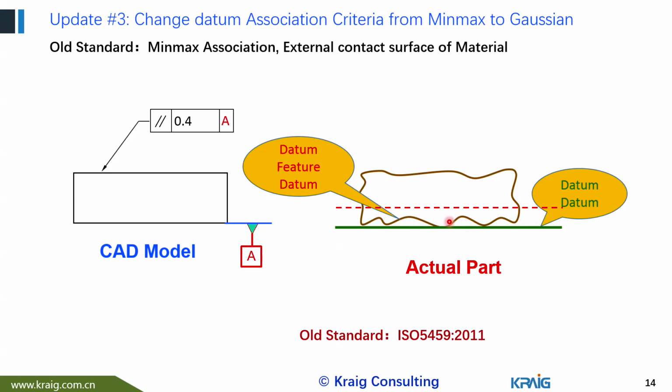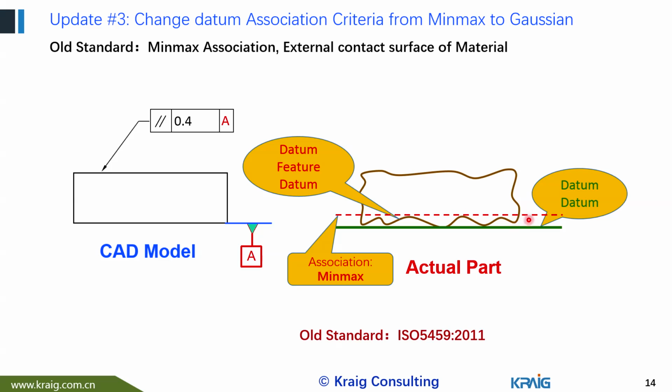And how to find this datum? First, we're going to use the min-max, which means all of the deviation is supposed to be inscribed inside the minimum deviation of the range here. This is the area that we try to minimize the deviation.